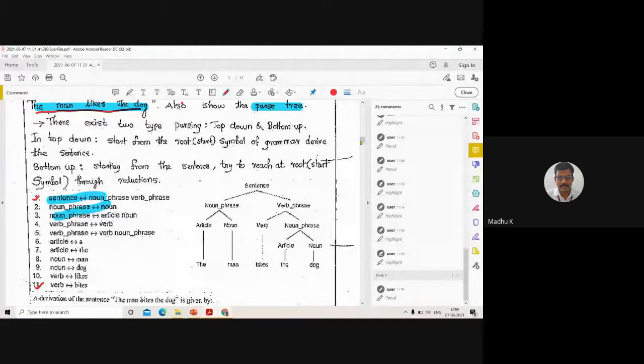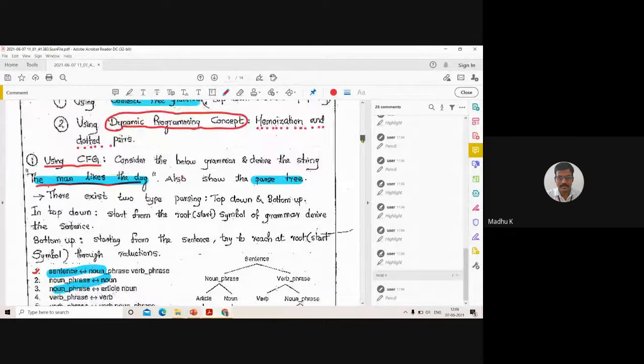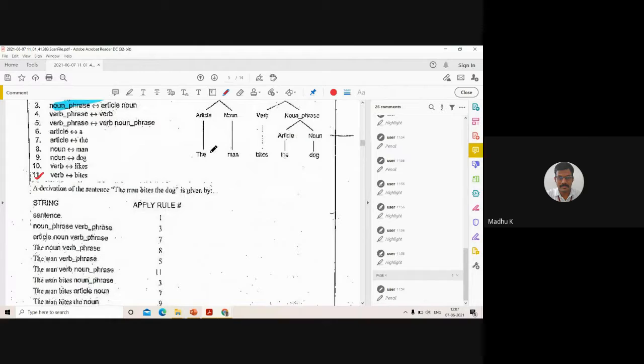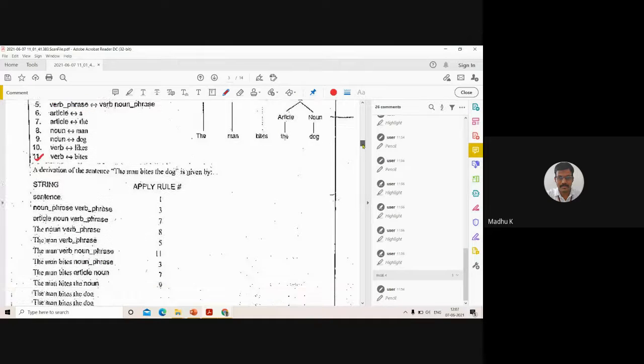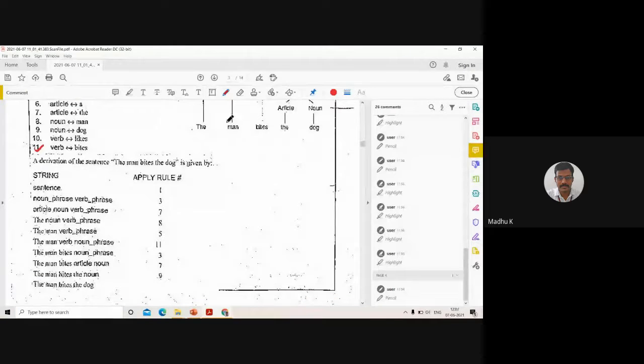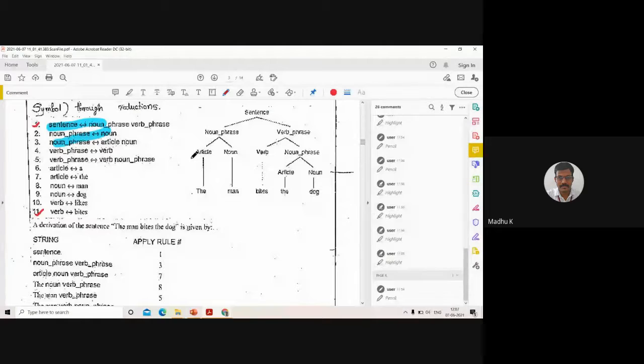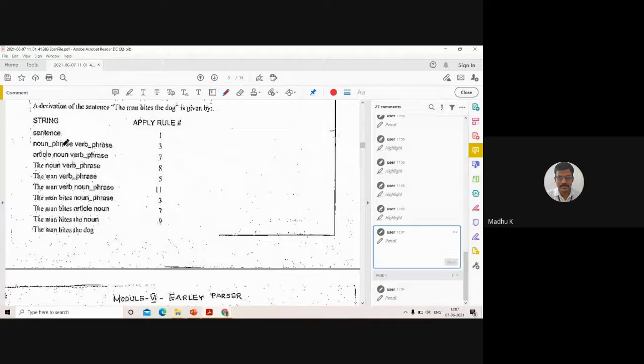We don't want to study very deep concepts. We want to just study how we can derive a string using either the top-down approach or the bottom-up approach. Graphically we have done this, so we can do it this way. Sentence is there, then rule 1 is applied, rule 3, rule 7.